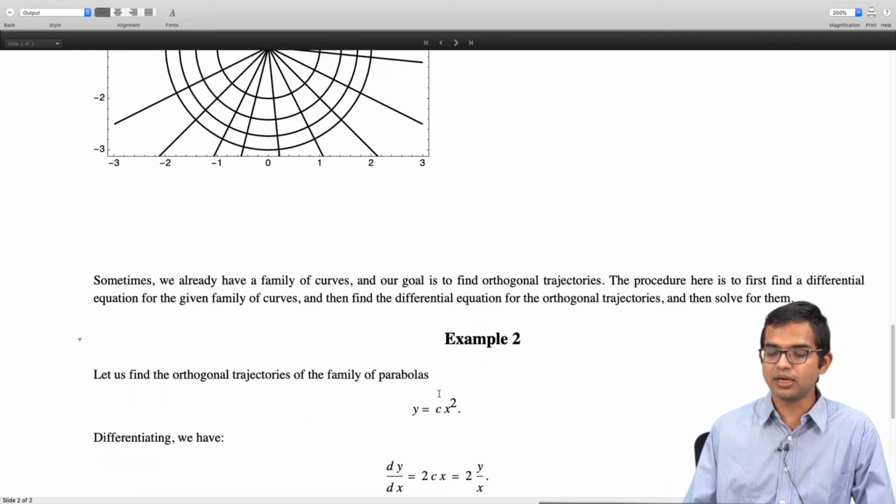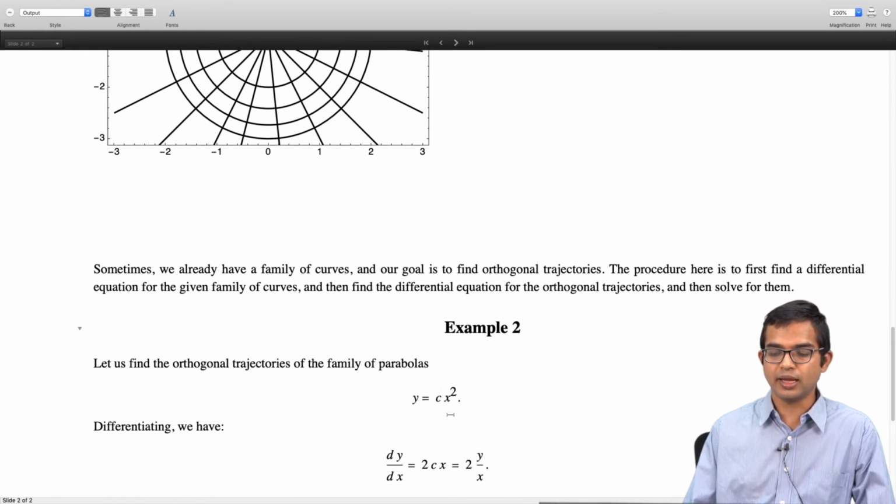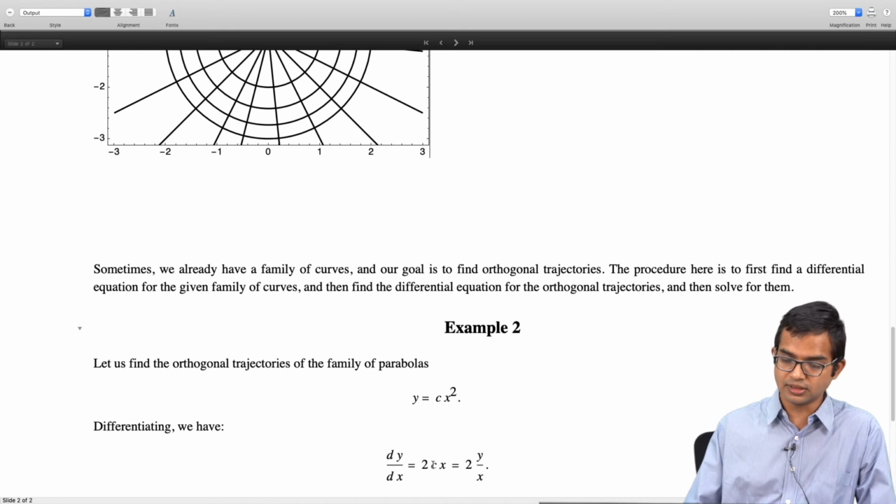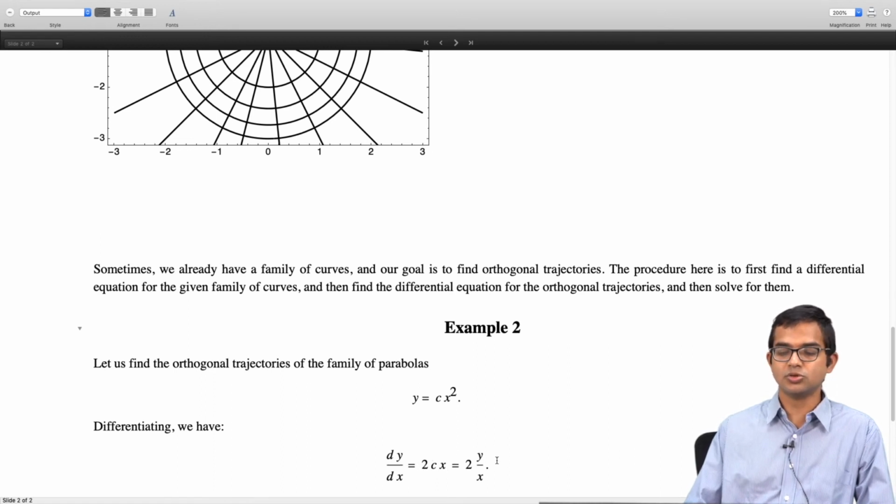So we have dy by dx is equal to 2cx. Eventually we want to write another differential equation, dy by dx is equal to minus 1 over the slope of this, but this constant is not a convenient object to work with. We want to eliminate this constant itself, but what is this c? C is y over x squared. So dy by dx is equal to 2 times y over x squared into x, which is just 2 times y over x.